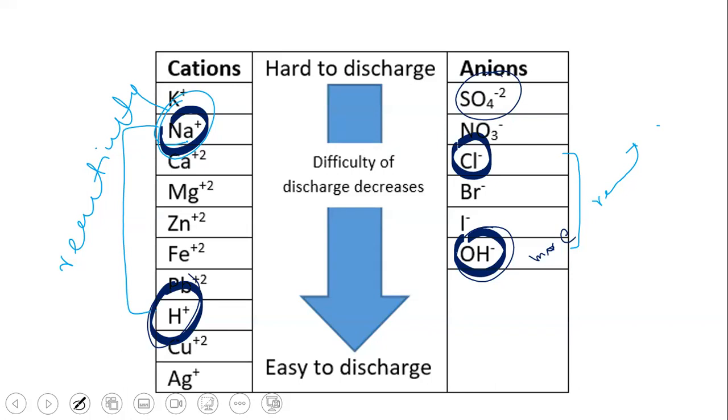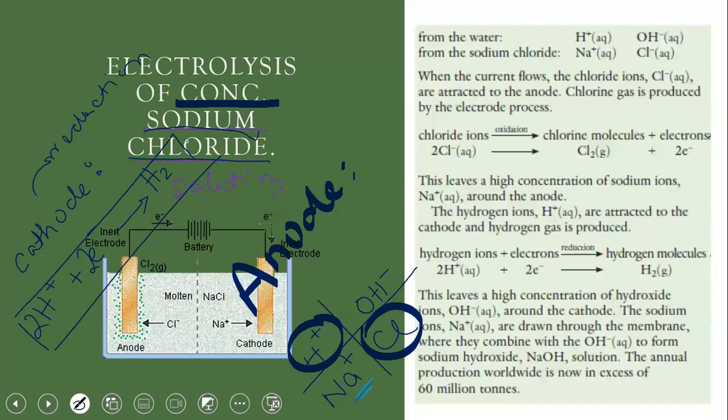The difference in reactivity is just too much. It doesn't matter how many sodium ions are there. But between chloride and hydroxide, it's a small difference. So the concentration of chloride ion wins because the reactivity is not that much different. So who goes to the anode? Chloride ions. And what happens at the anode?